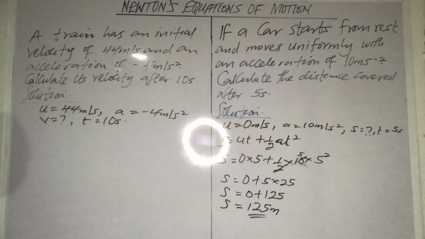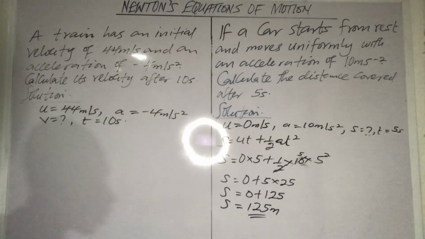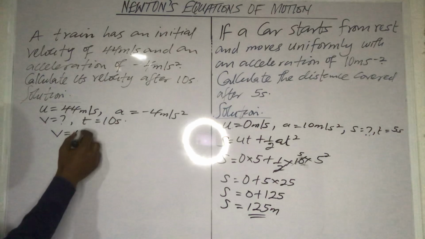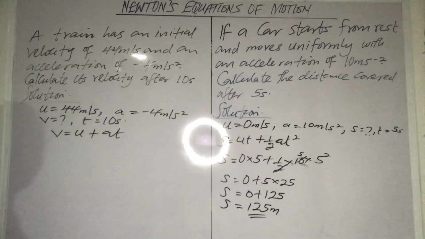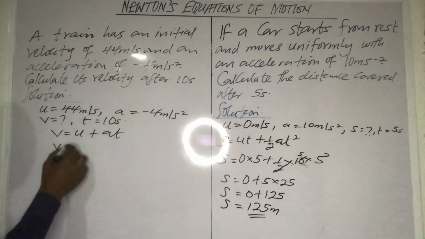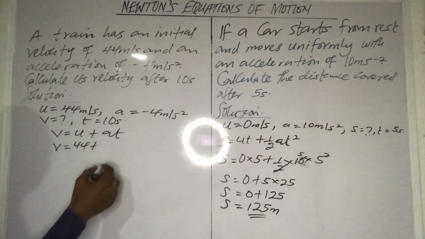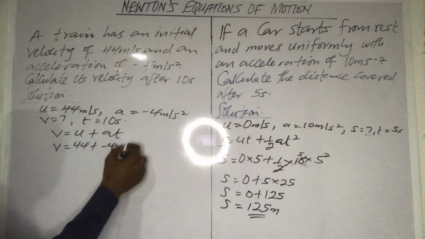Which of the equations of motion contains everything that I'm given here and what I'm looking for? If you check carefully, it's supposed to be equation 1. And equation 1 is v is equal to u plus at. Substituting my values now, I have v is equal to u, which is 44, plus minus 4 times 10.